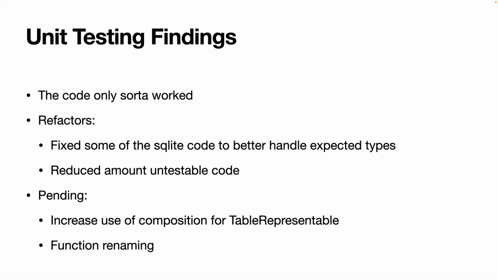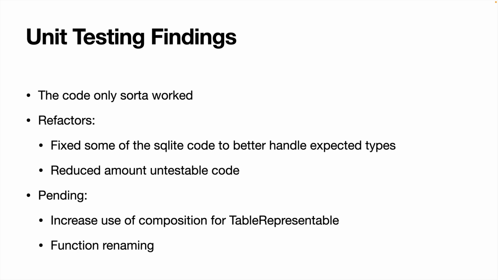There were also some other refactors where there was some similarity of code that could not be tested that I pulled out. And part of the reason why there's untestable code in that library is that it's very hard to mock out SQLite itself. So I'm actually doing some integration tests where I'm actually calling SQLite code directly and actually getting a response from SQLite.